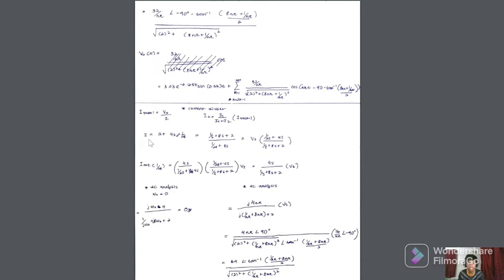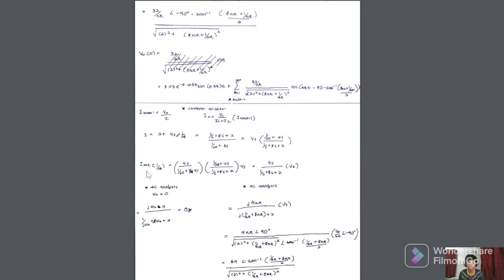So for the circuit, Z is 2 plus 4s parallel with 2 divided by 2s, and so this is our Z, and this is our equation for I total.